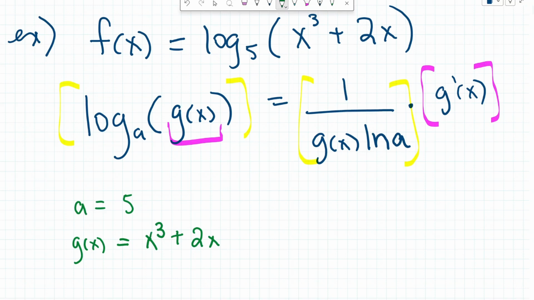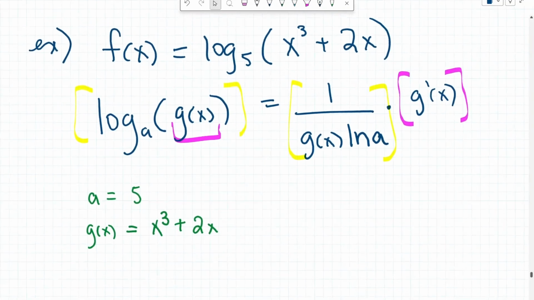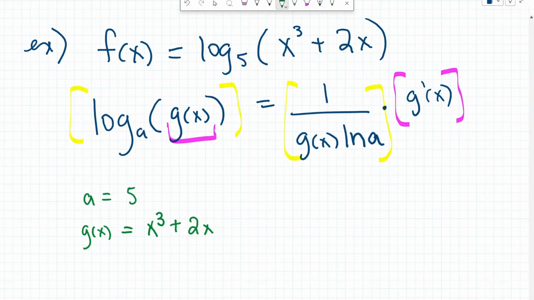Let's figure out all the parts that we need for this problem. You've already identified these two, so what else do we need? We need to find the derivative of g. We can do that easily. This is just a single variable calculus problem. So g prime of x equals 3x squared plus 2, following the power rule.